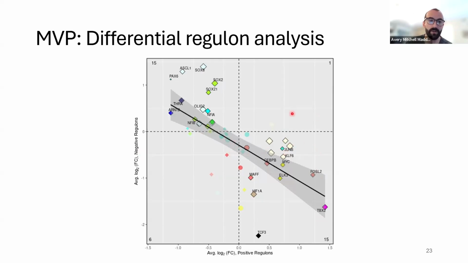Here you can see a couple of transcription factors will appear off this diagonal, and those are almost a nonsensical effect of that TF, where its negative targets are up and its positive targets are up when the transcription factor is up. So you would have less faith in those. But in either of these two quadrants here is where that coherent picture emerges, where we see it increasing the expression of its positive targets and decreasing the expression of its negative targets.